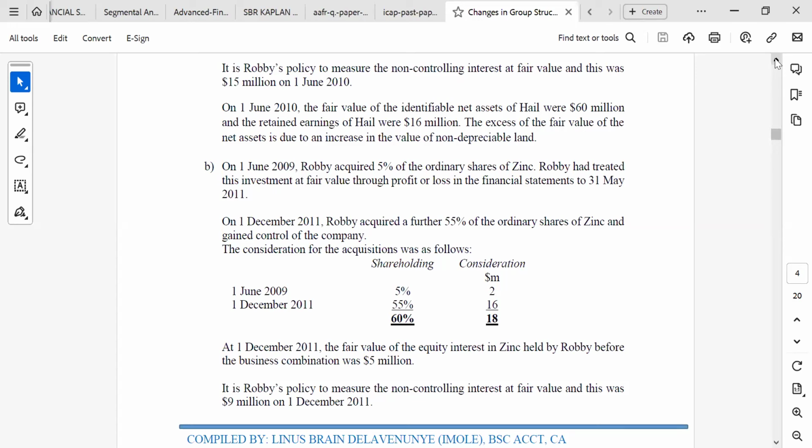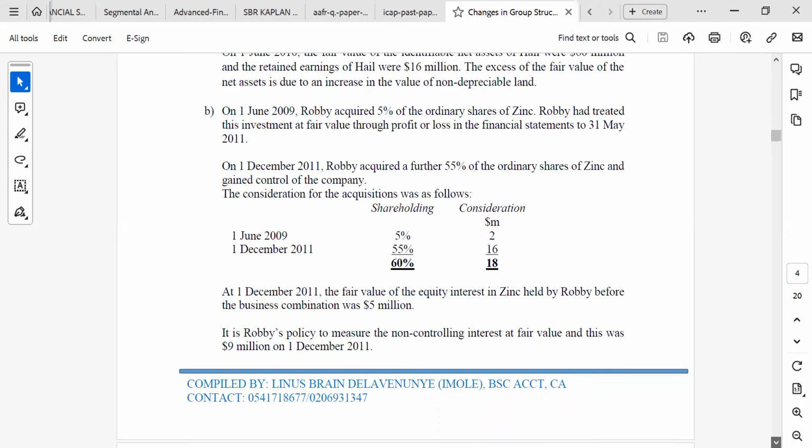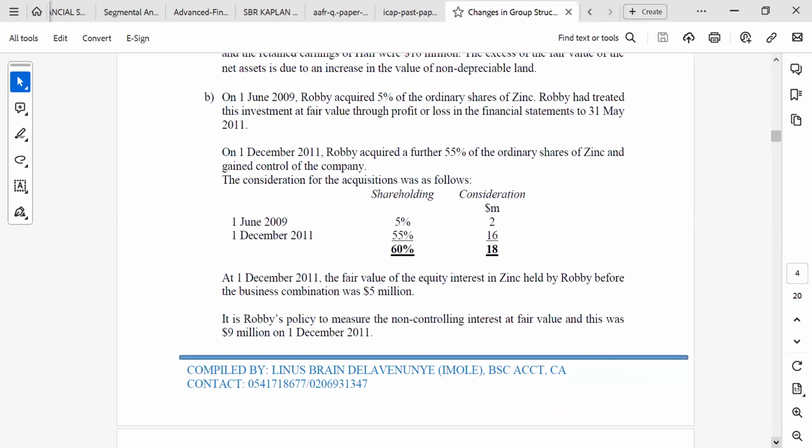The consideration for the acquisitions were as follows. Shareholding and consideration. 1st June 2009, 5%. Consideration, $2 million. 1st December 2011, shareholding 55%. Consideration, $60 million. Total shareholding 60%. Total consideration, $80 million.